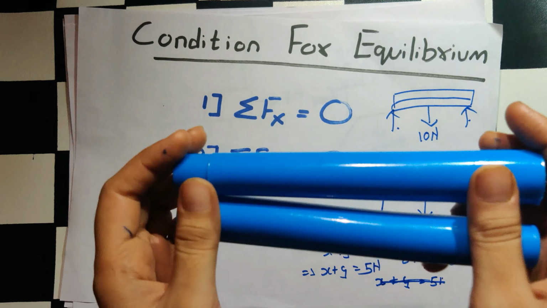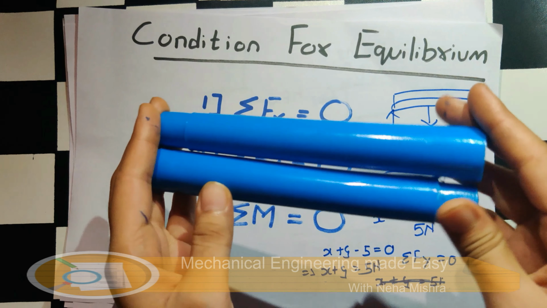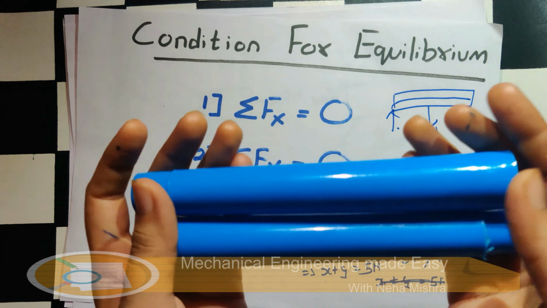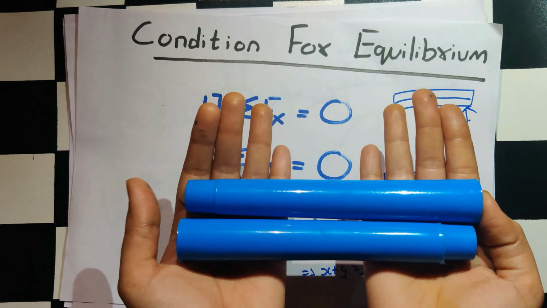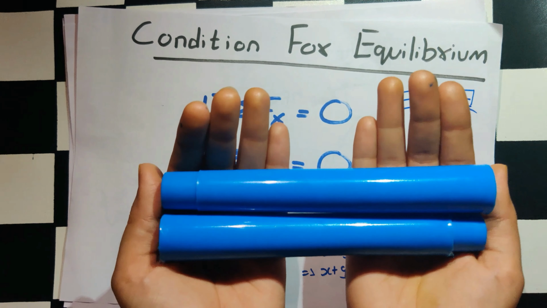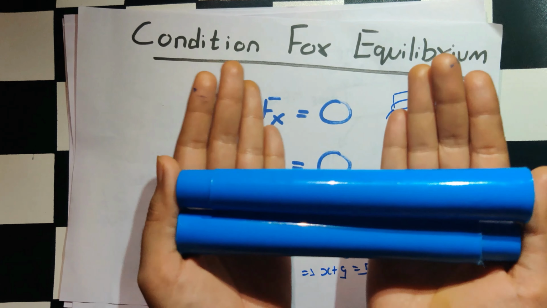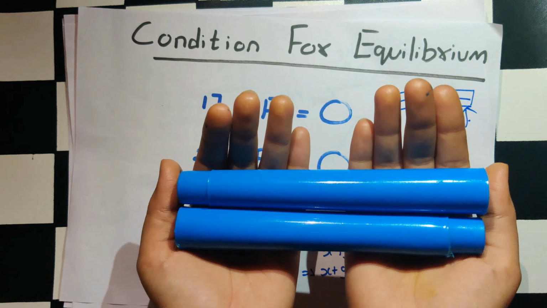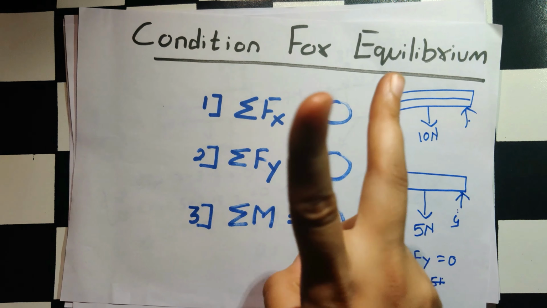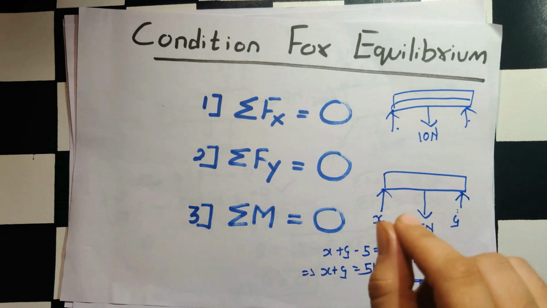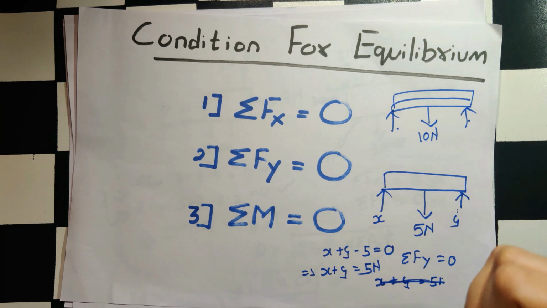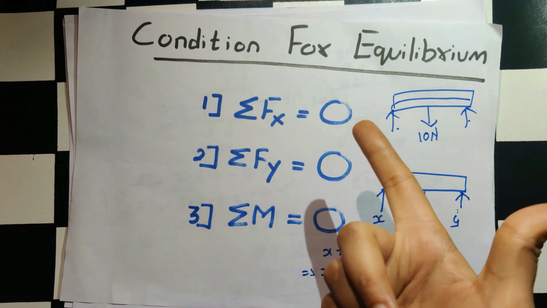Understood guys? Action or active force is given by these rods, and depending upon the action, my hands are giving the reaction, which means my hands are giving the reactive force. So there are these two types of forces which are very important for equilibrium, which are active and reactive forces.